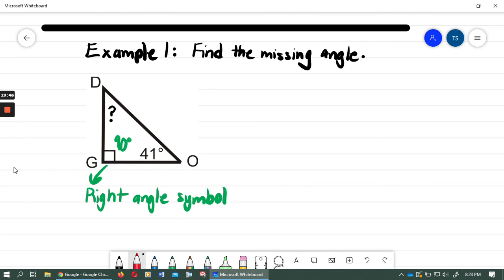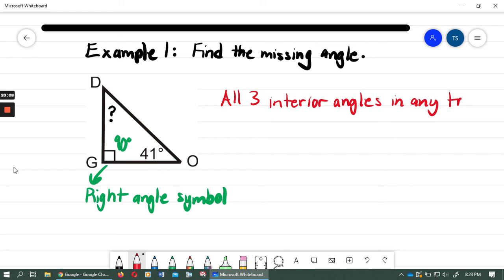All right, let's get this. All three interior angles. Now I'm just going to write this out for right now. All three interior angles in any triangle.